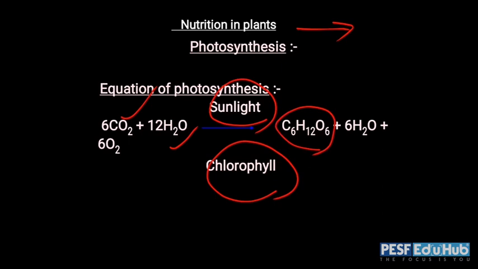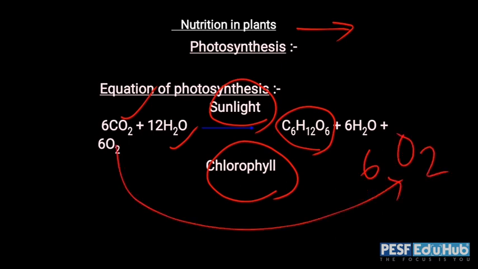This is the equation for photosynthesis. Here 6 carbon dioxide combined with 12 water gives 1 glucose molecule plus 6 water and 6 O2.